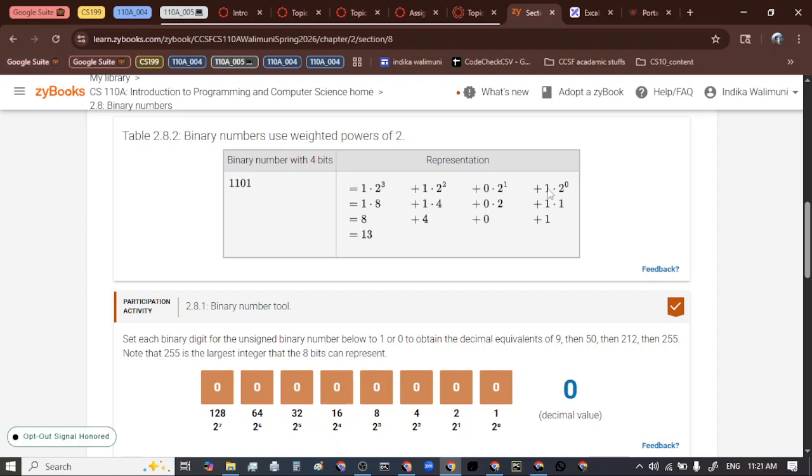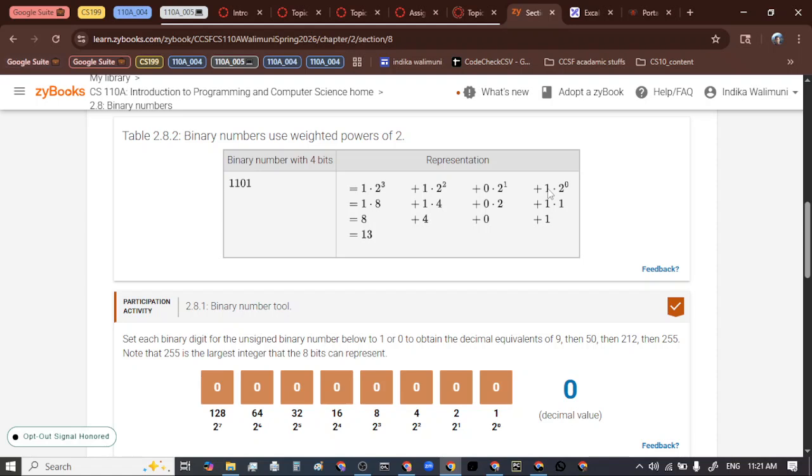For example, the binary number we are dealing with right now is 1101. The rightmost digit is 1, it's actually 2 to the 0th position. Likewise we go up towards the left one by one, right? And when we sum up those powers, what do we get? In what base? Base 10, right?